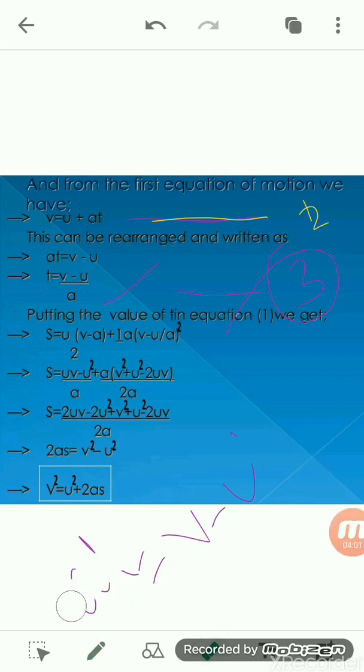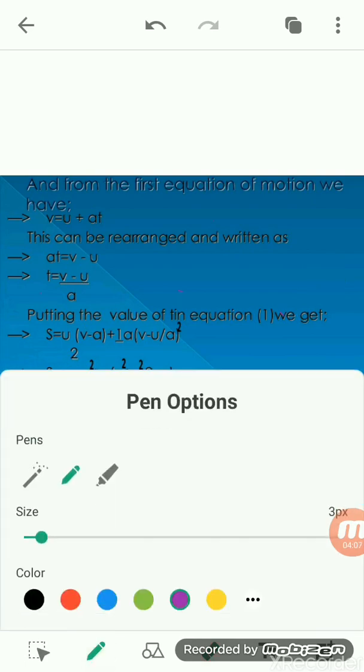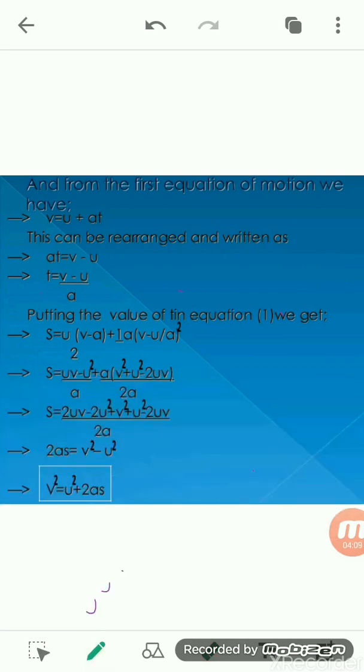Here it is not written correctly, so let me explain. ut is there, plus half at square.